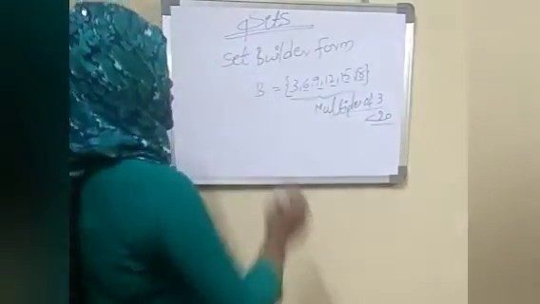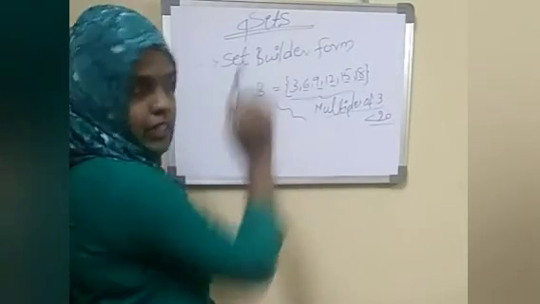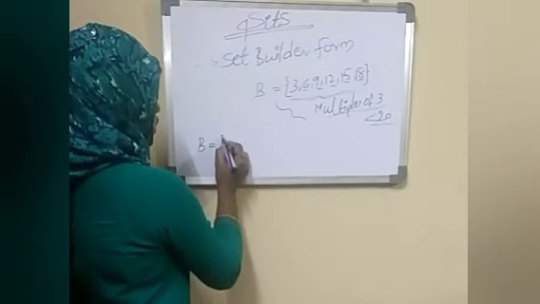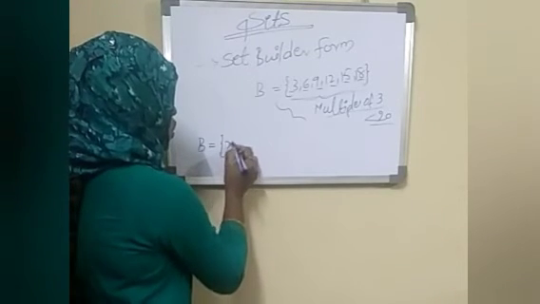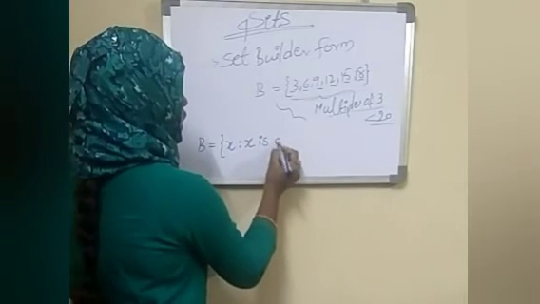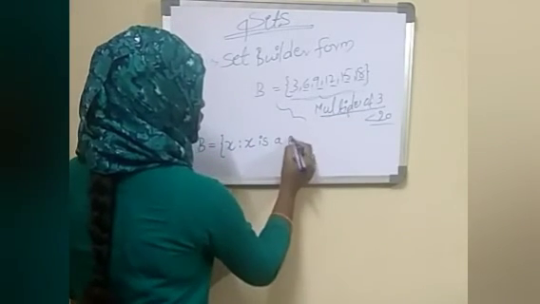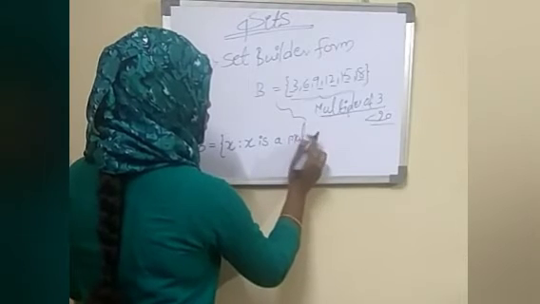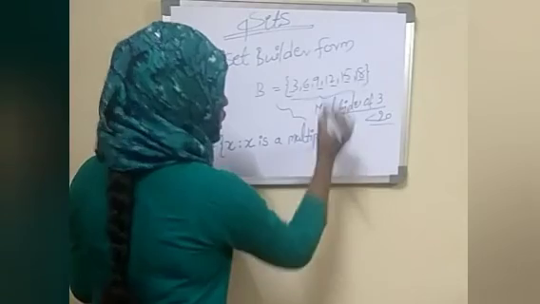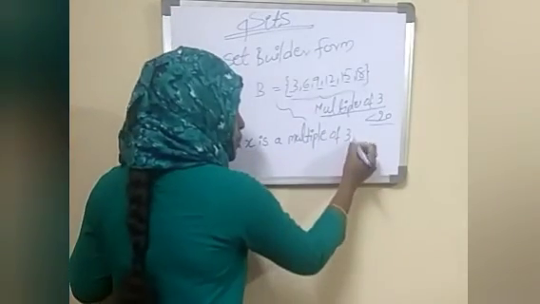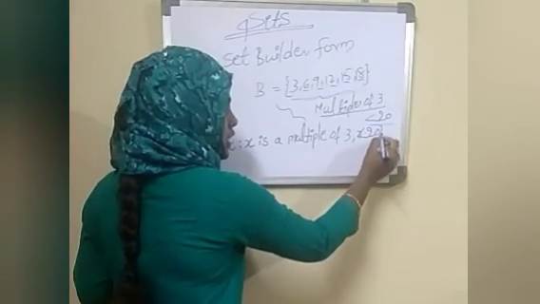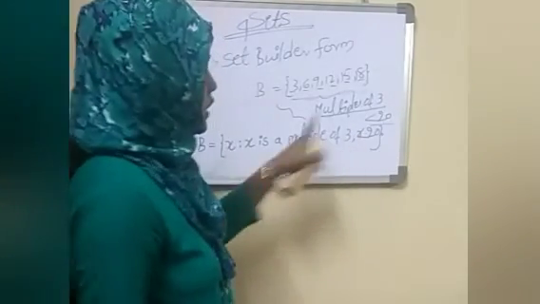Now we are writing this set in set builder form. B is equal to the set of all x such that x is a multiple of 3, and we have another condition, comma, x less than 20. This is the set builder form.